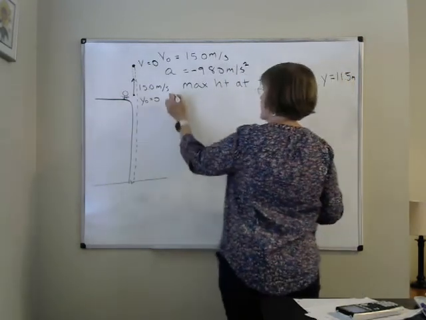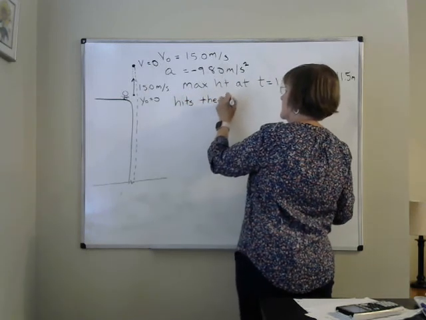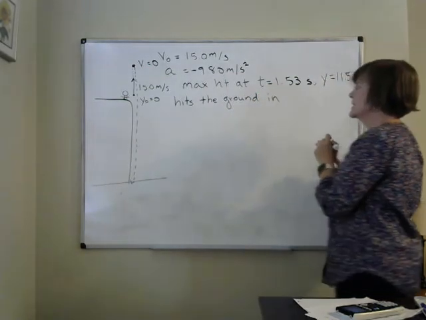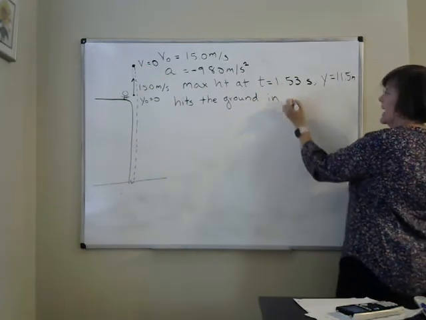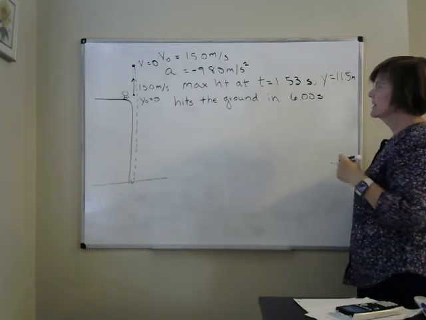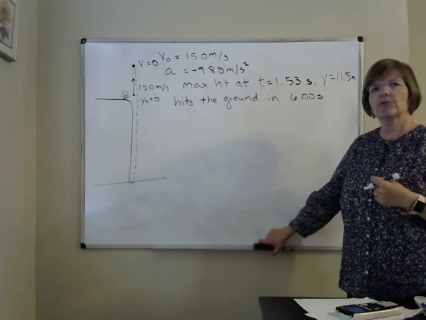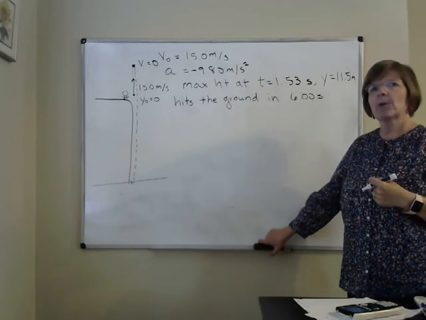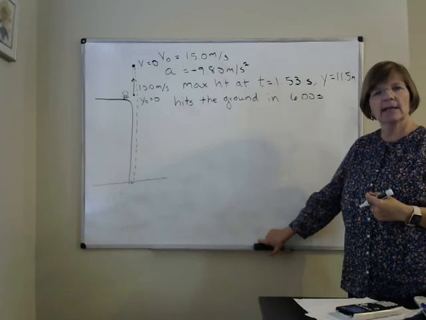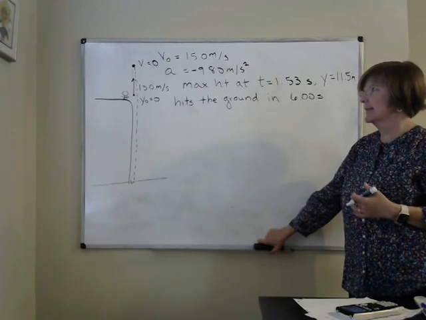Suppose it hits the ground, and we'll just make an easy number, in exactly 6.00 seconds. Let's ask some questions. First of all, can we figure out how far it traveled? Can we figure out how tall the building is? I think we can. We don't know how tall the building is, but we'd really, really like to know.